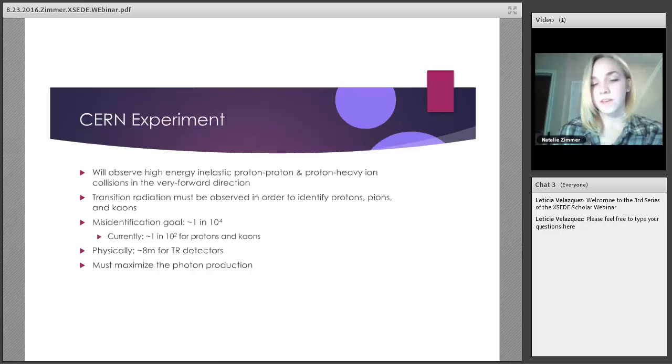And then it will be picked up in a gas detector, which is usually either xenon or krypton.